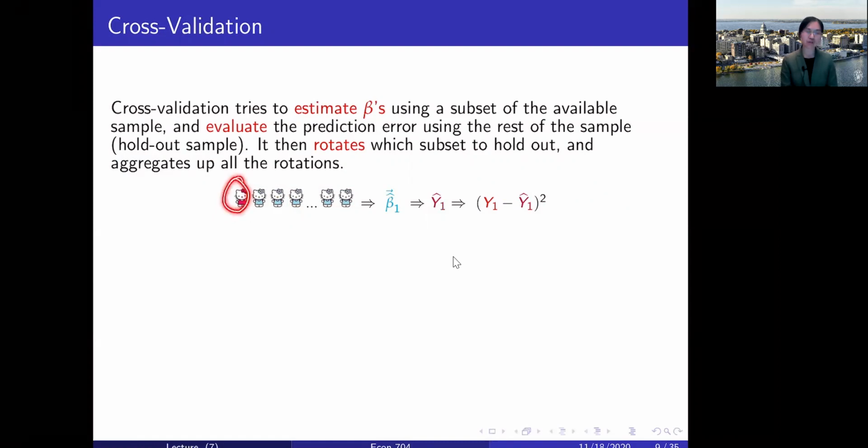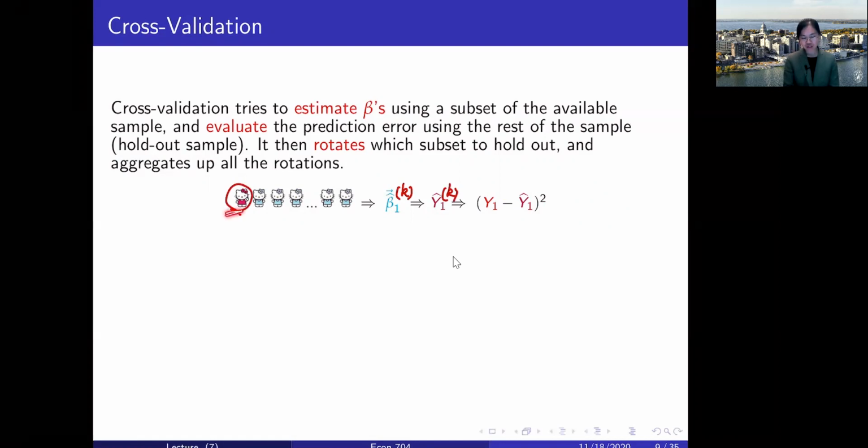So this is your holdout sample, and this is your estimation sample. Using the estimation sample, you can obtain your OLS estimator for the betas for each K value. And using that beta, the OLS estimator, you predict the value of Y for this holdout sample. That will give you this Y1 predicted using K for this holdout sample, which is the first observation of the data.